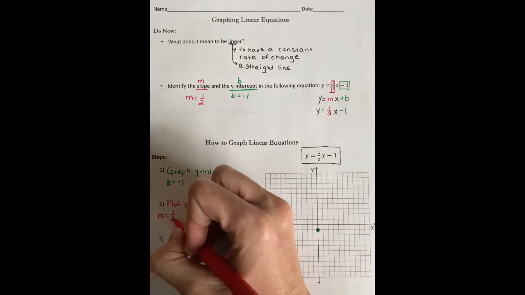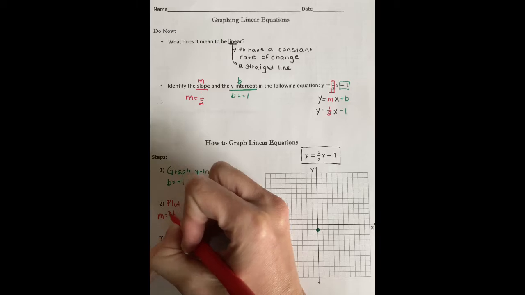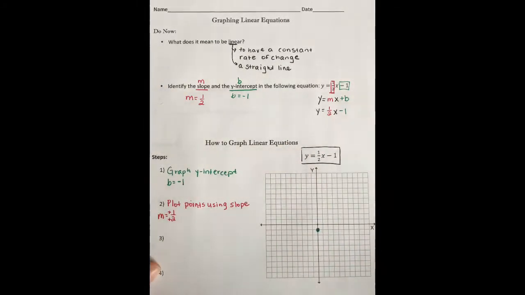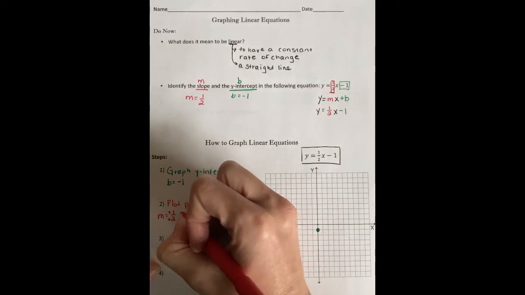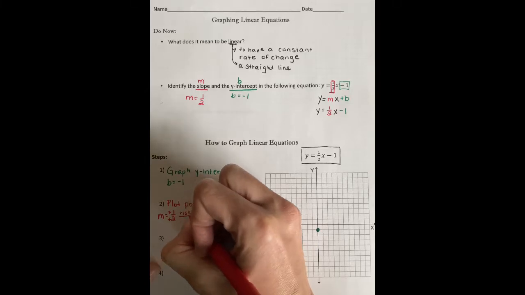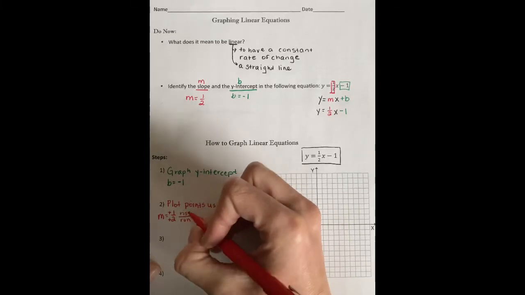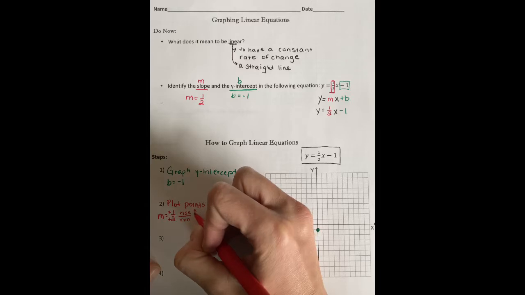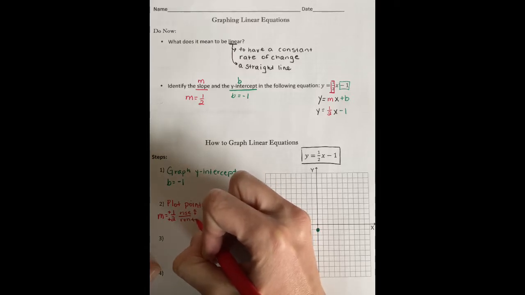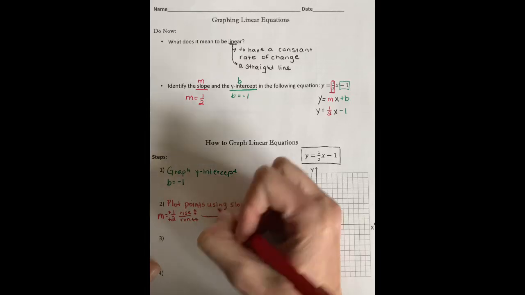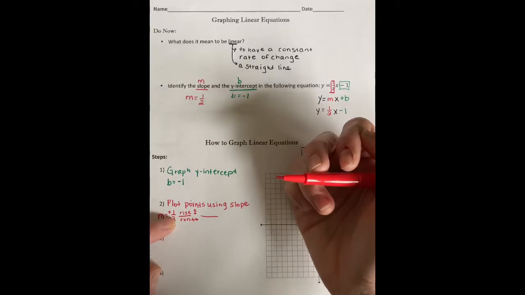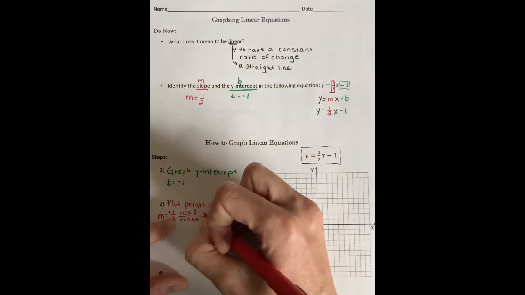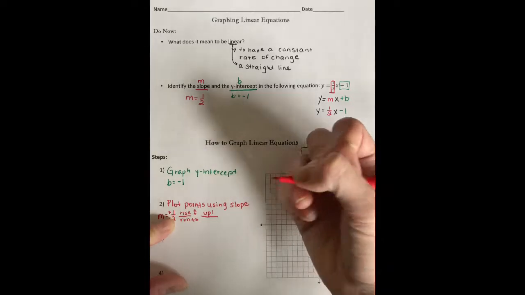So here I have a 1 over a 2, so that's a positive 1 over a positive 2. If we're talking about rise over run, rise is always talking about going up and down, whereas run is talking about left and right. If I have a positive 1, that tells me I'm going up 1.